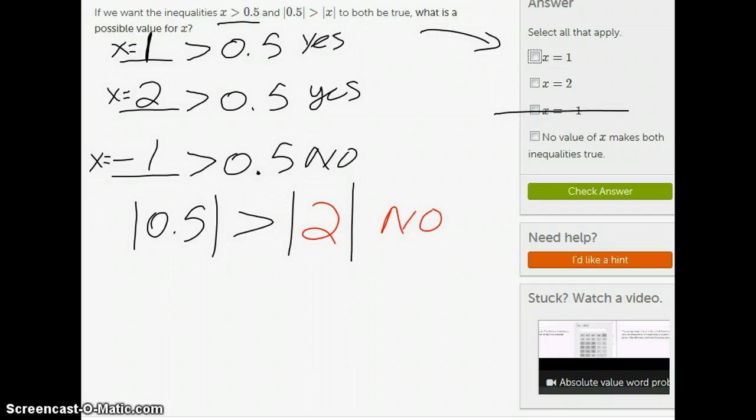Is 0.5 greater than 2? Now I'm saying 0.5 greater than 2 because I have to do the absolute value of 0.5. Okay, and the absolute value of 2, and that is no as well. So it is no for 1 and it is no for 2. That means my answer is going to be no value makes both statements true.